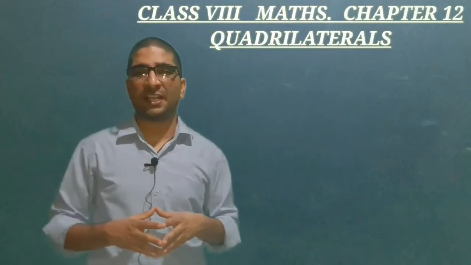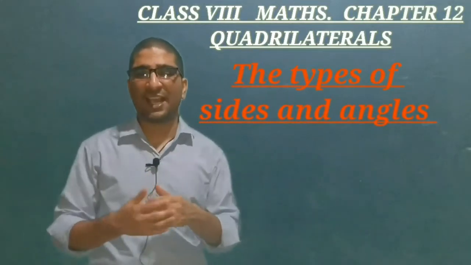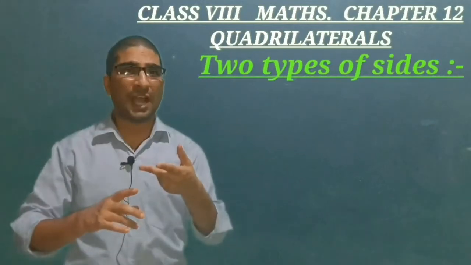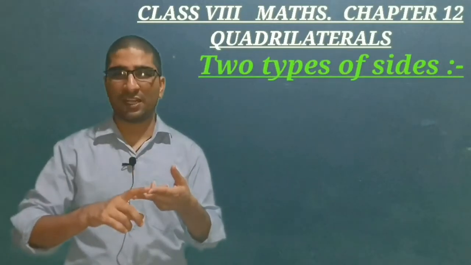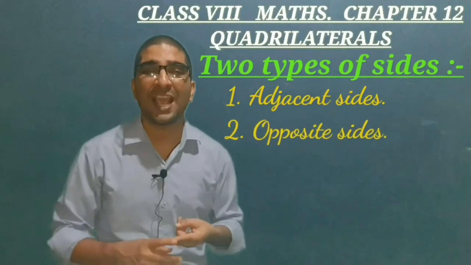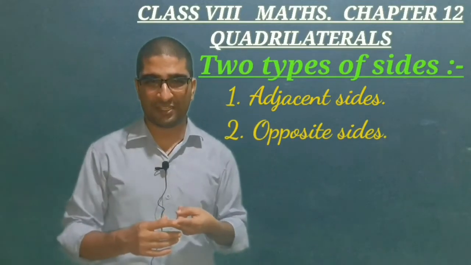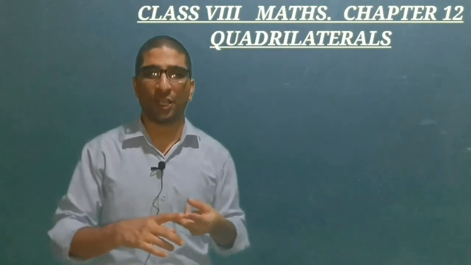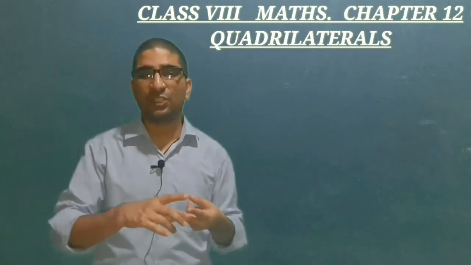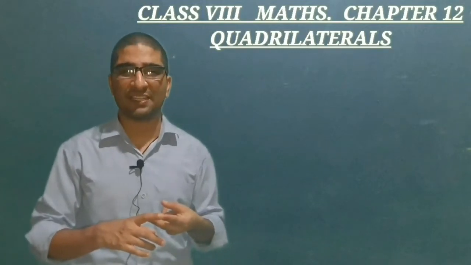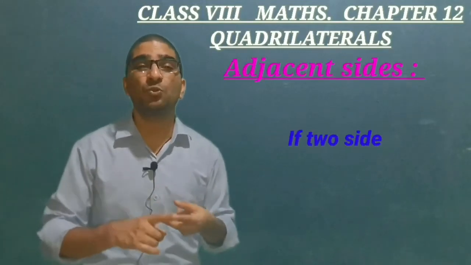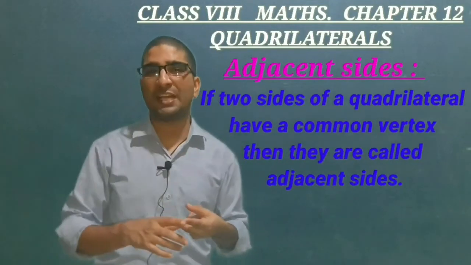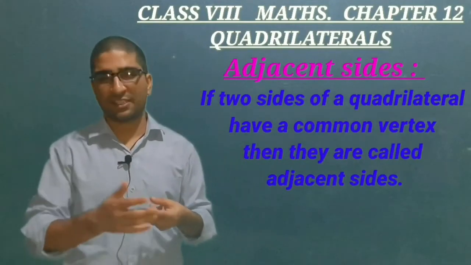Now we are going to understand the types of sides and angles in a quadrilateral. There are 2 types of sides in a quadrilateral: adjacent sides and opposite sides. When 2 sides meet at a point, these 2 sides are called adjacent sides. That means if 2 sides have a common vertex, they are adjacent sides.